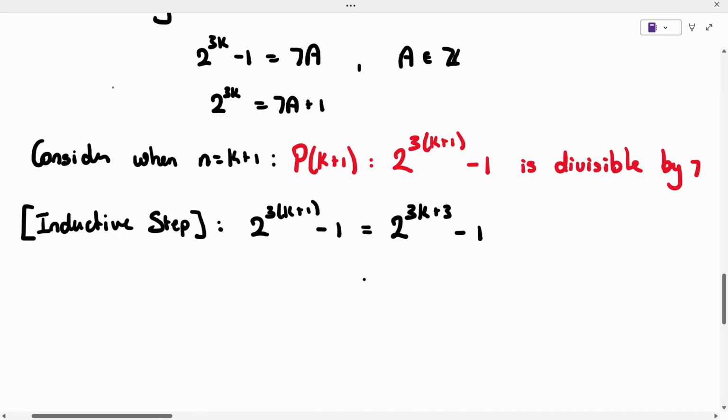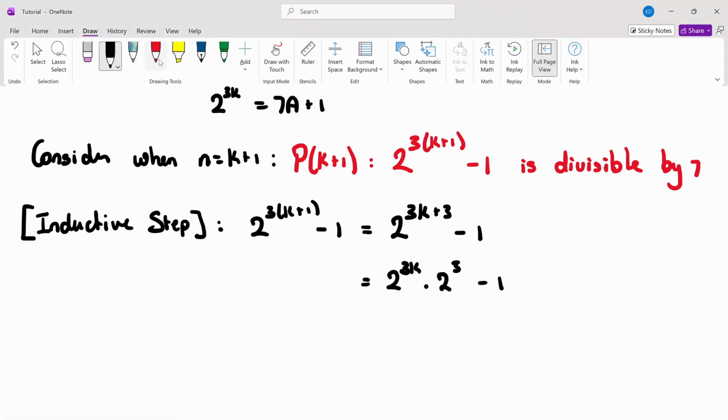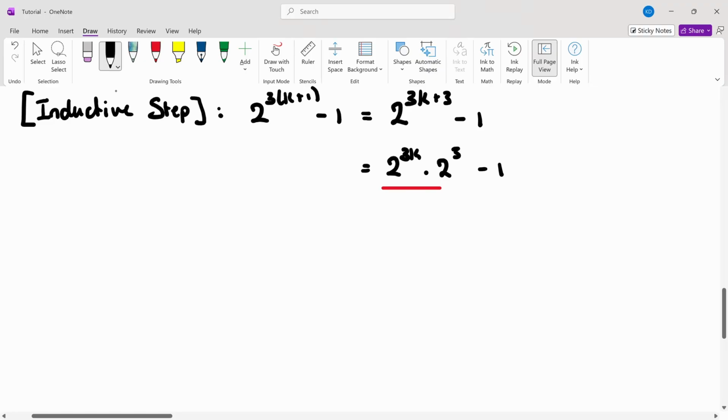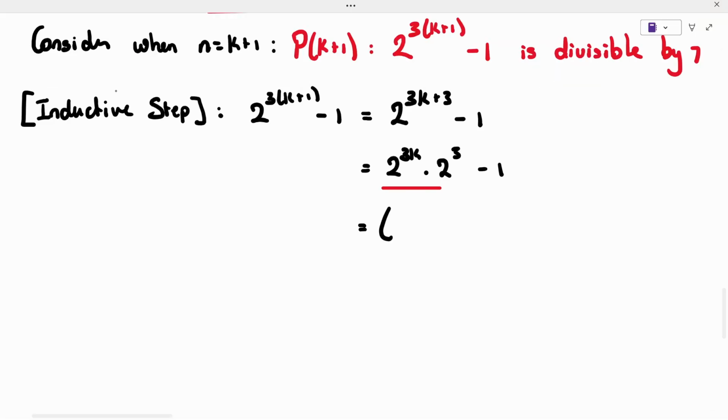By laws of indices, we could write this as 2 to the 3k times 2 to the 3, minus 1. Why did I write this like this, and why did I write our inductive hypothesis like this? Well, 2 to the 3k is equal to 7a plus 1. So I could make a substitution here and write this as 7a plus 1 times 2 to the 3, minus 1, by our inductive hypothesis.